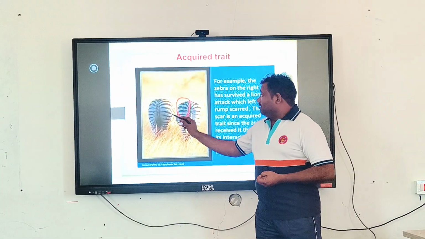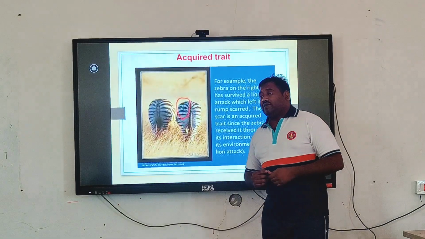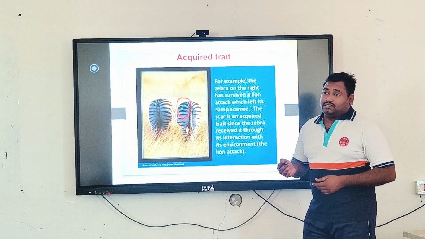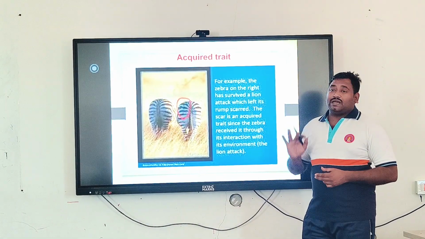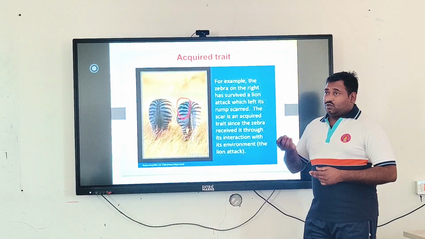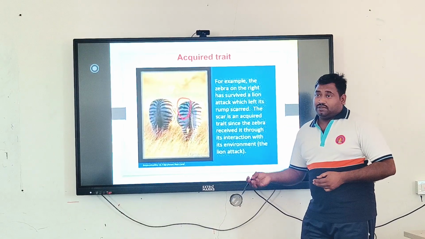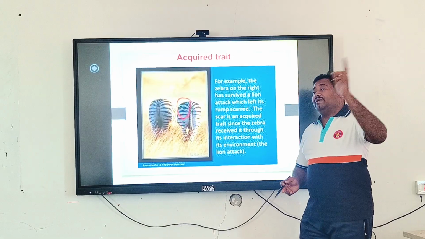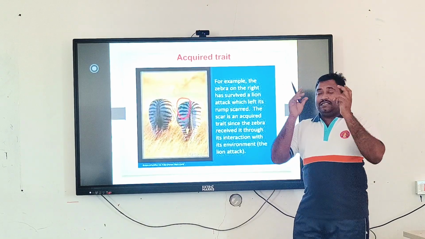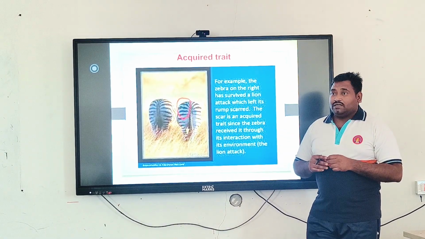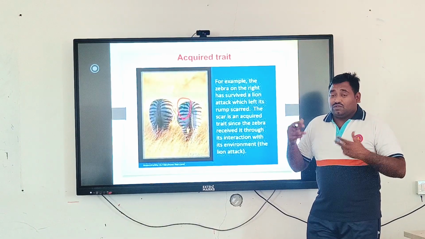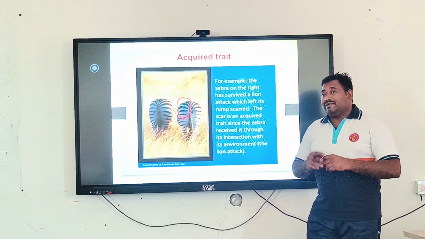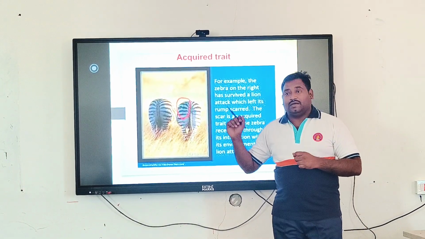Importantly, for these genetic characters, there are two types of characters. One is acquired. Acquired means after birth you acquire the characters, and hereditary is what comes from your ancestry. Like somebody's brownish eyes, somebody's curly hair. That is nothing but a hereditary character coming from your parents.